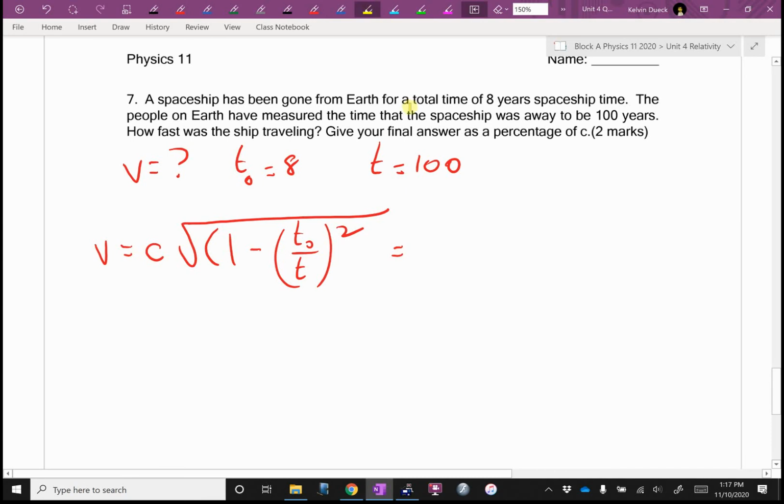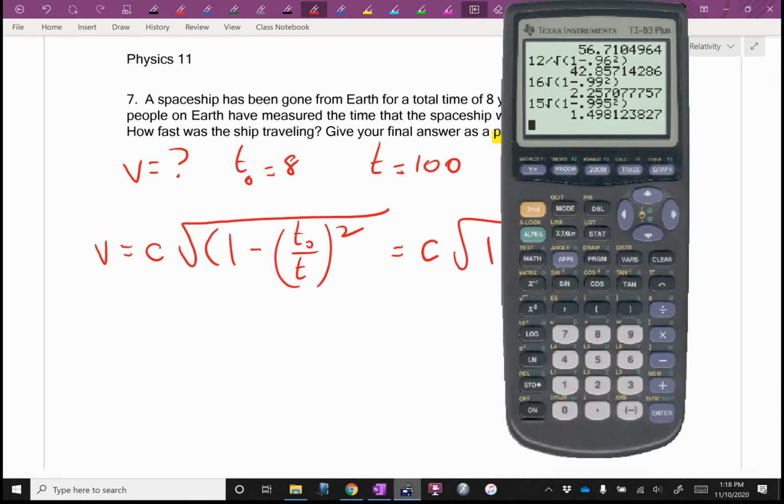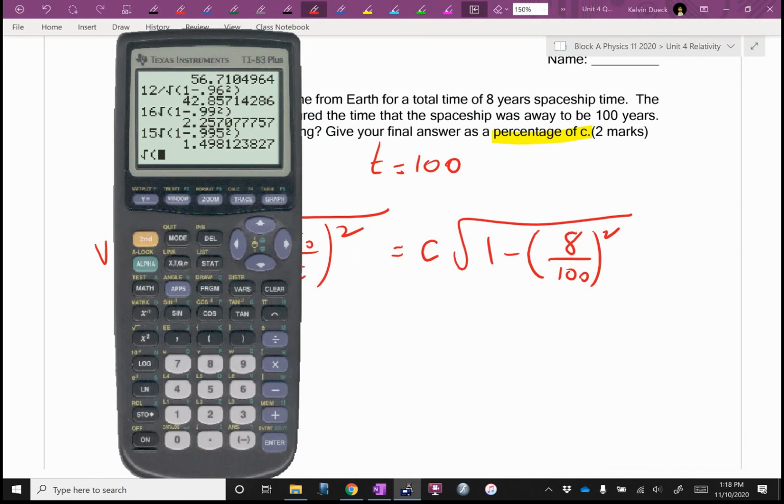It wants me to give my final answer as a percentage of C. What that means is I'm just going to leave the C as a C. But it's going to be the square root of 1 minus 8 over 100 squared. That's if you wanted to do it in one step. I'd probably type it something like that.